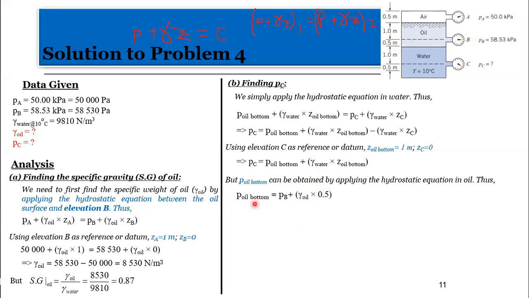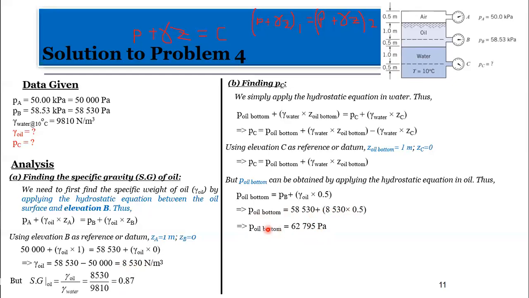From there, PB we know to be 58.53, which has been converted to Pascal: 58,530 plus that. Gamma of oil we know already, we've established that, 8,530 here. So we use that to obtain the pressure at the bottom of the oil.